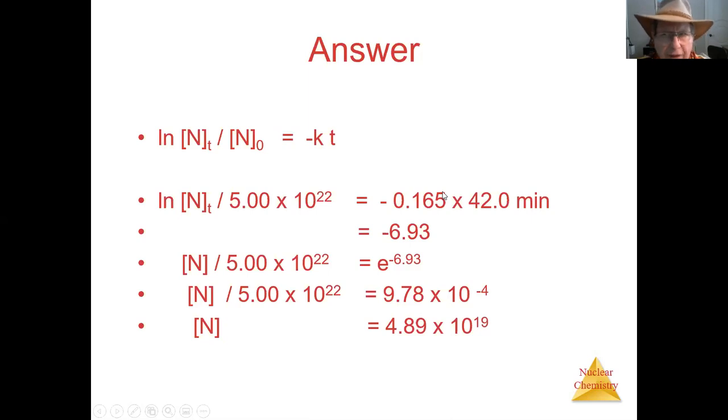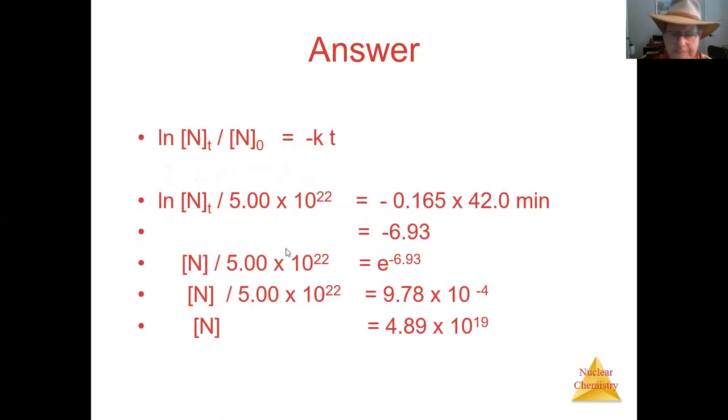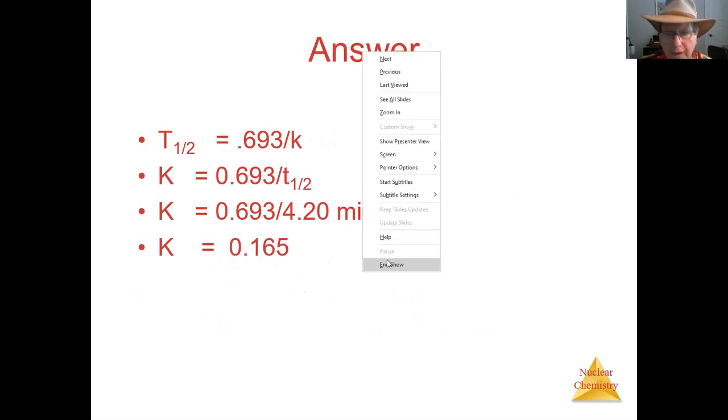As a side note, ladies and gentlemen, you have to realize the units of time that your half-life is in. So my k value should be 0.165 minutes to the minus 1. Let me go fix that right now.